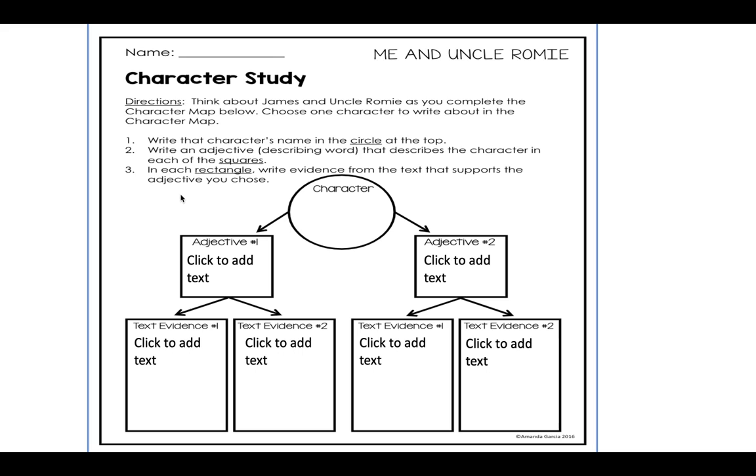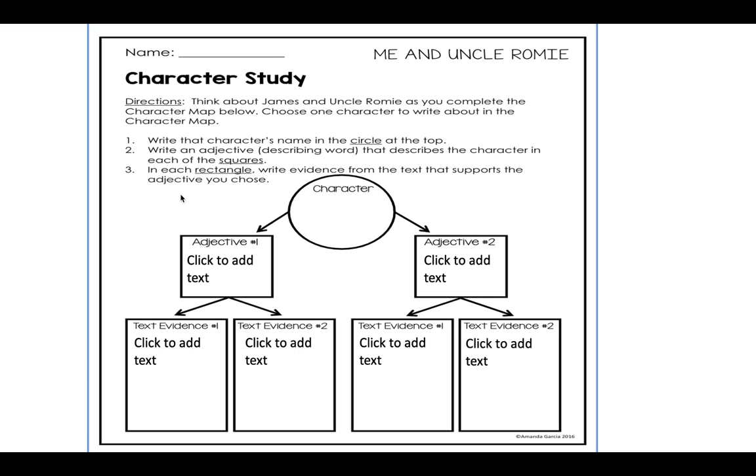Okay, so you guys are going to fill this out. You're going to select a character from the story. You can pick James, you can pick Aunt Nanette, you can pick Uncle Romy, and you're going to take a character and you're going to describe them, right? So if you pick James, maybe you want to pick scared. And then pick some evidence, sentences from the story, two pieces of evidence that show what would make him scared.